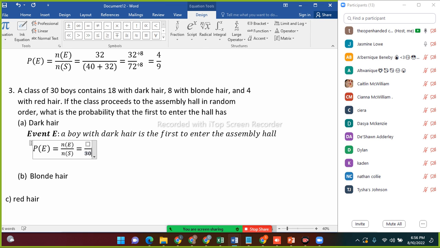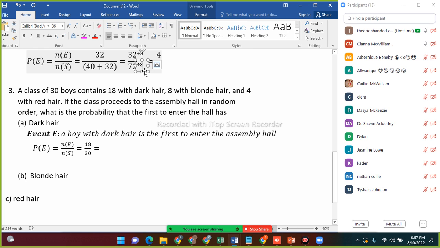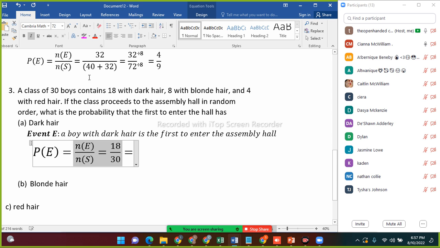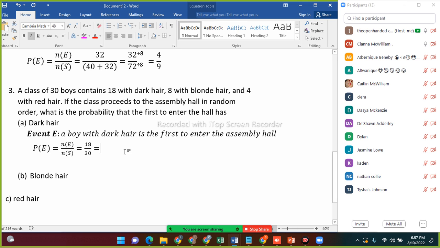How many have dark hair? 18. So where is 18 going to go? At the top. Very good. So it's going to be 18 over 30. Sienna, what number could we use to simplify 18 and 30? 6.